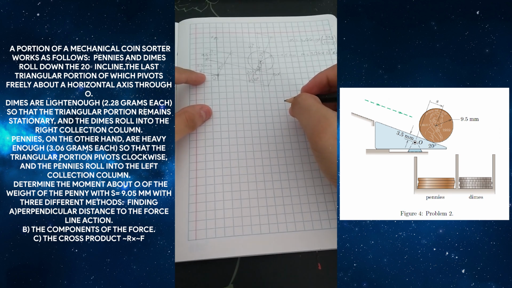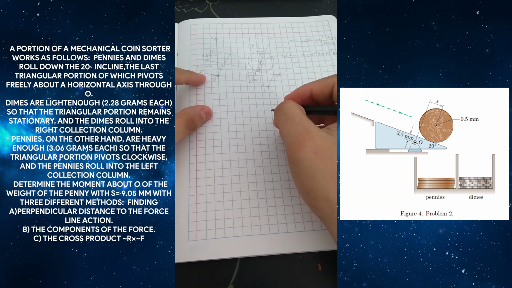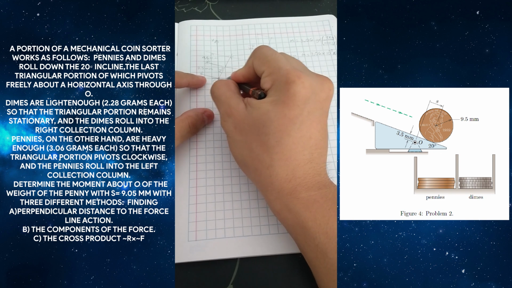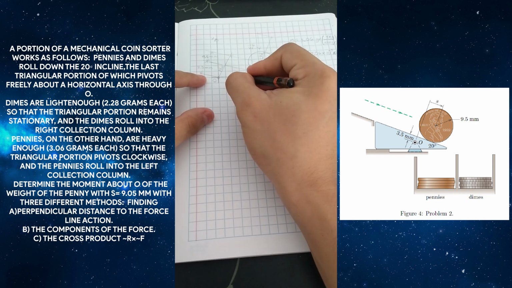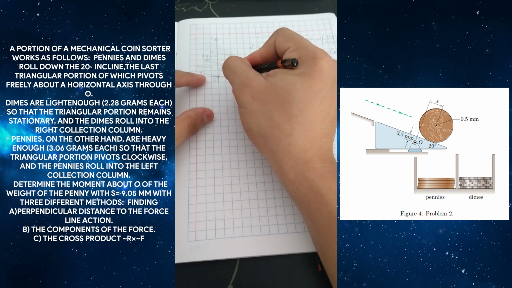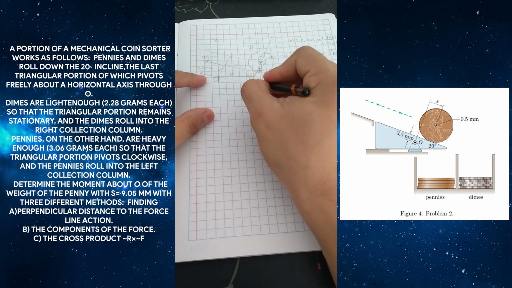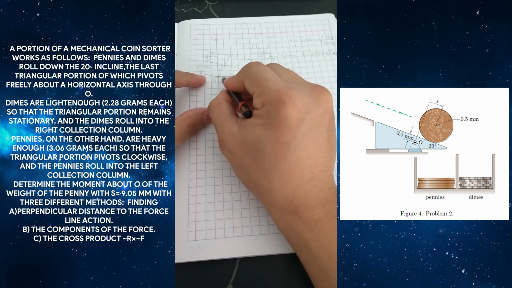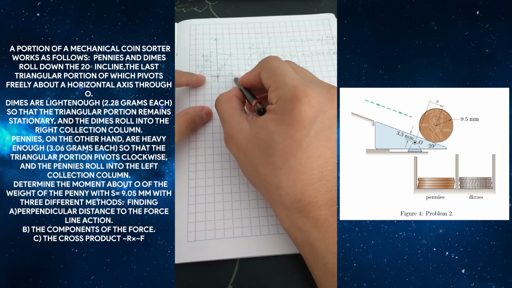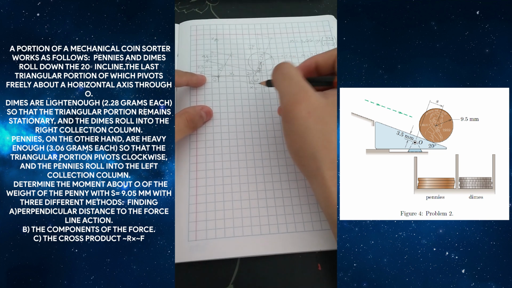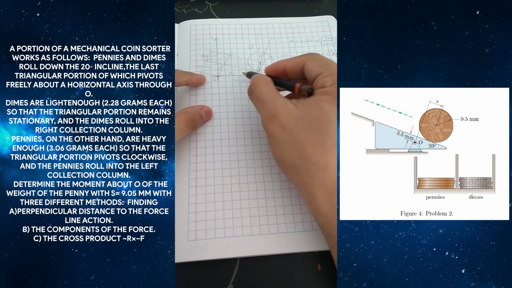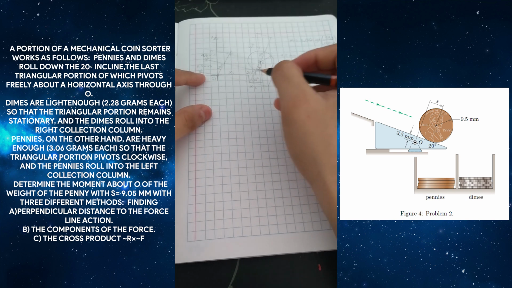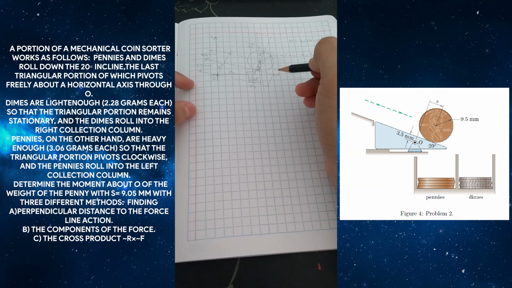Here we have two triangles in which we need to find this distance that I'm going to call x1, and this another distance that I'm going to call x2. And the sum of these two magnitudes is going to be the perpendicular distance to the line of force.